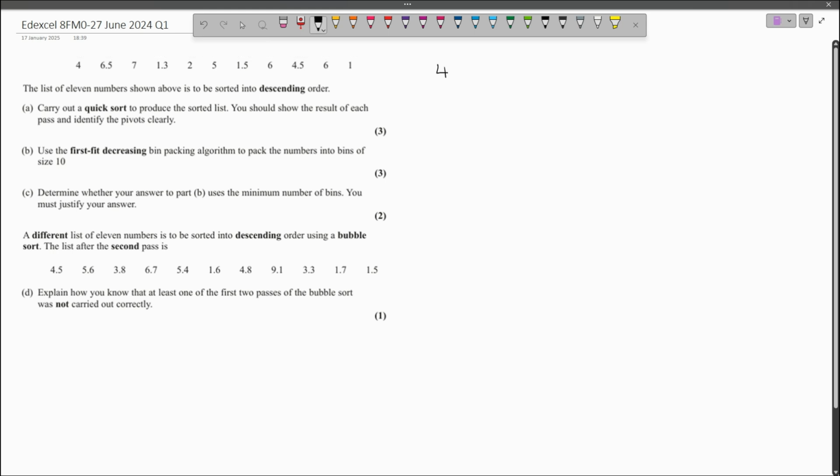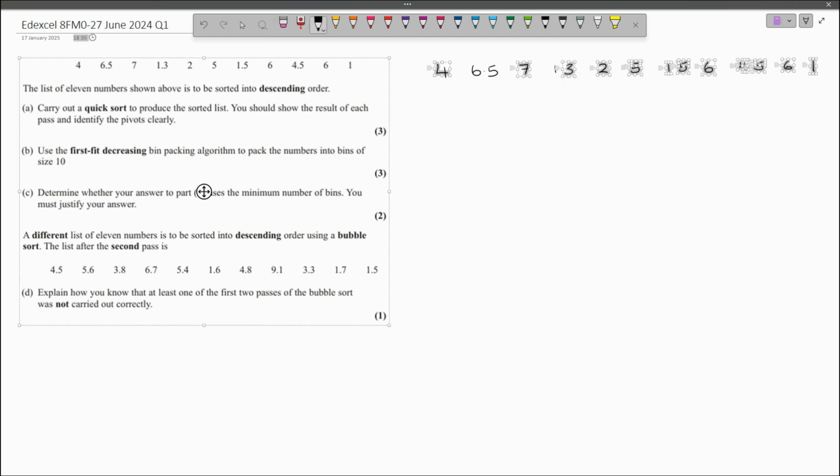So we've got 4, 6.5, 7, 1.3, 2, 5, 1.5, 6, 4.5, 6, and 1. So we're told we've got 11 items, so the very middle element is going to be item number 6. So in that case, the first number that we're going to use as a pivot is 5, so we're going to circle it.